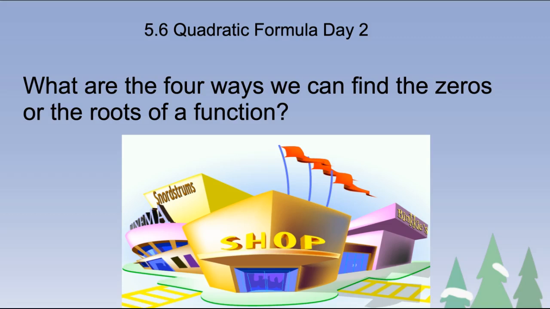And then if it doesn't factor, then we can use the quadratic formula or completing the square. I think the quadratic formula is probably more popular for that. So let's look at some problems.